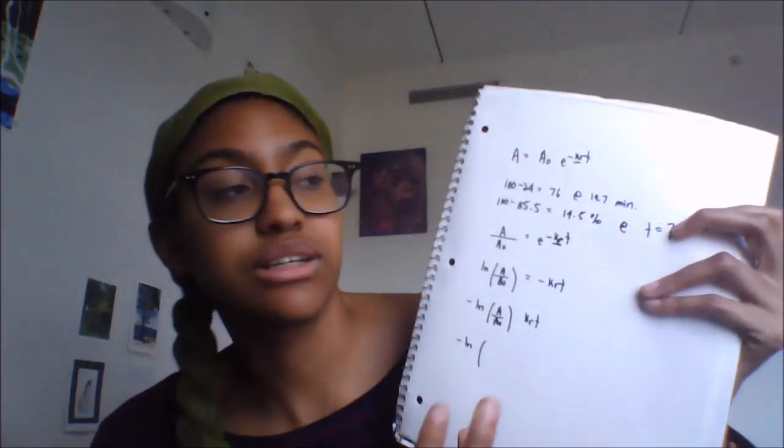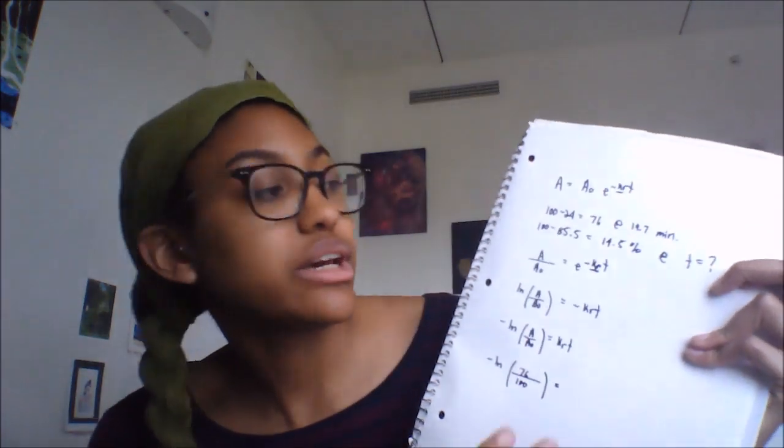So we have kt. Alrighty, we have the quantities, so it'll be negative ln of the percent that remains, which is 76%, because the 24% value just represents the first order reaction that is 24% done, but 76% still remains.